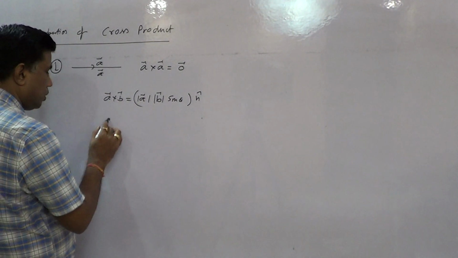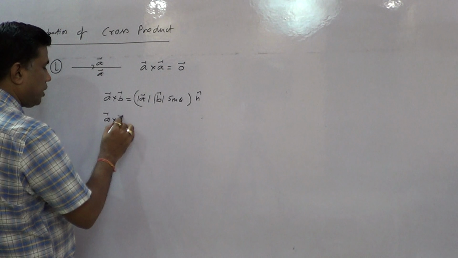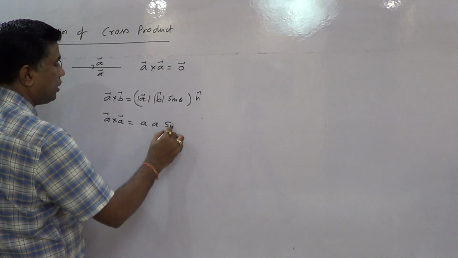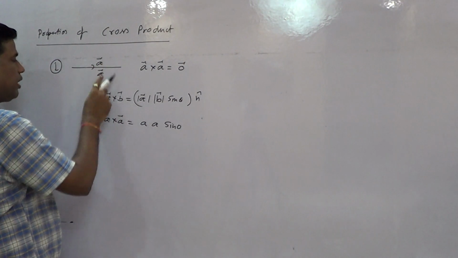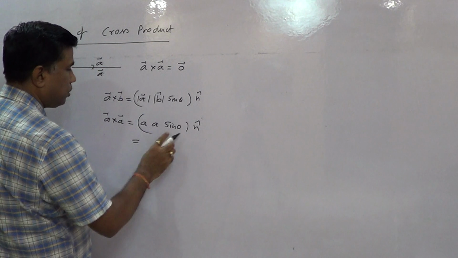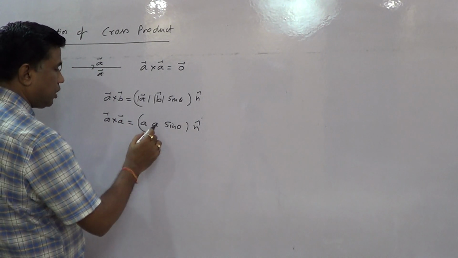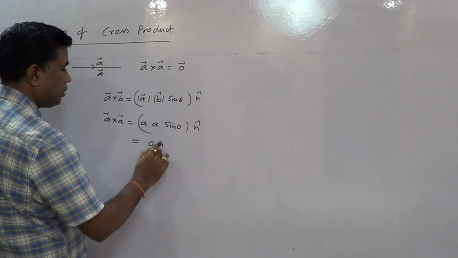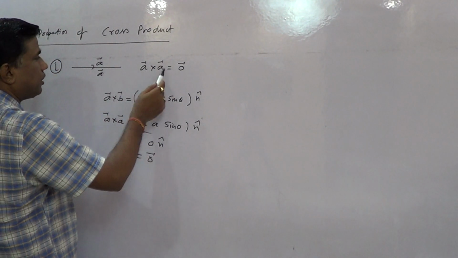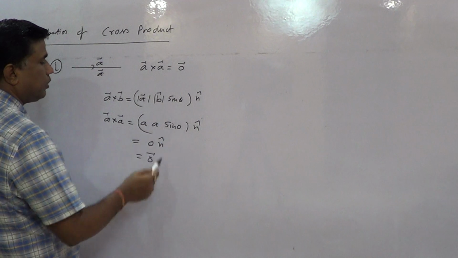So we have to find A cross A, which is equal to mod of A into mod of A into sine 0, the angle made by a vector with itself equal to 0, into n cap. Student, you know sine 0 has value 0. So mod A into mod A into 0 equal to 0, 0 into n cap. So it is equal to 0 vector.